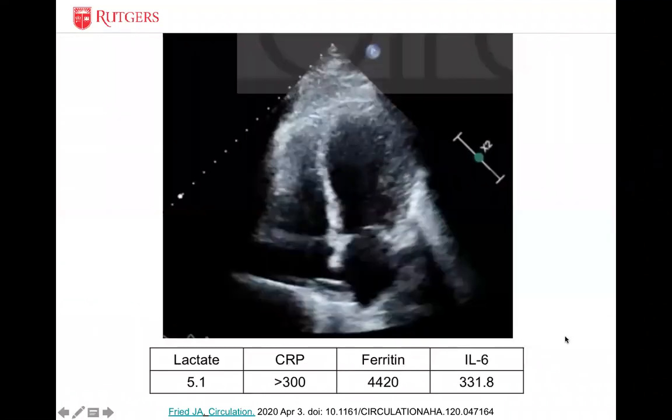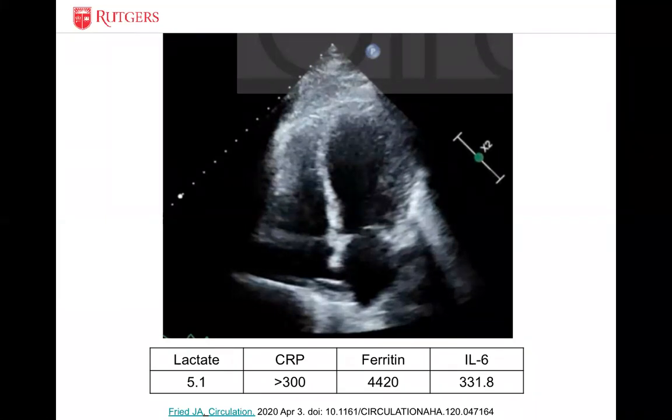This is another patient who presented with severe ARDS requiring VV ECMO. Once the patient was cannulated for VV ECMO, the patient went into refractory vasodilatory shock. The lactate was 5.1.